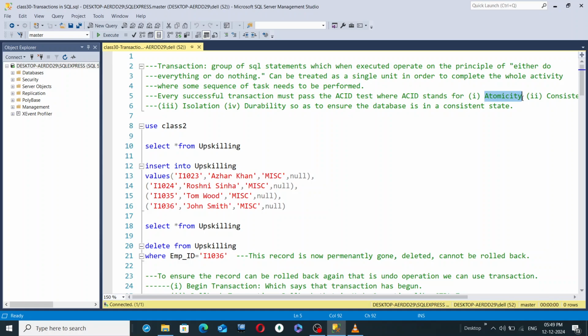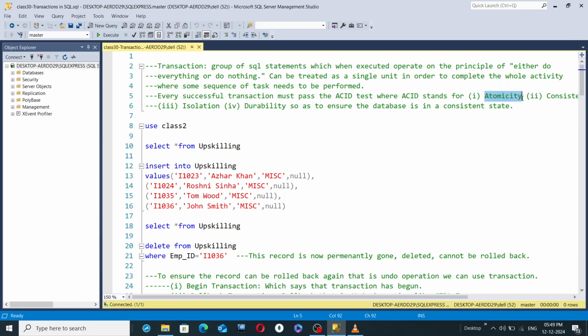If any one of the steps doesn't get followed, then revert the database back to its old state. That's what I stated for atomicity: either the entire transaction must be completed, or otherwise revert the database back to its old state.